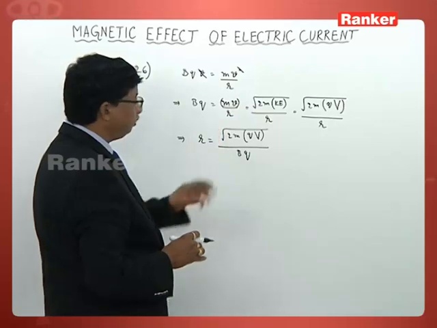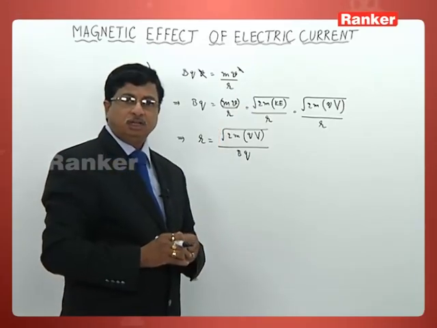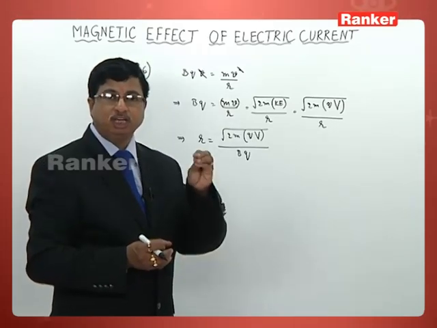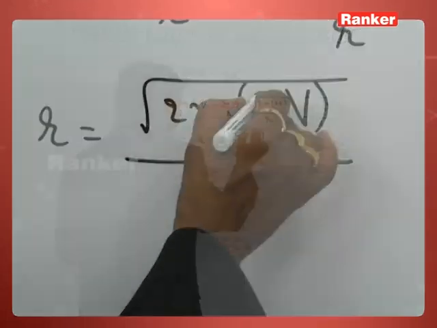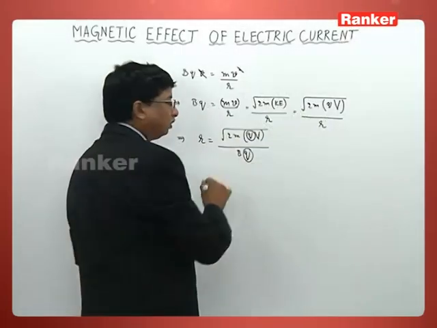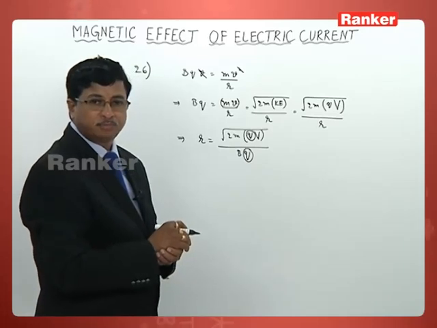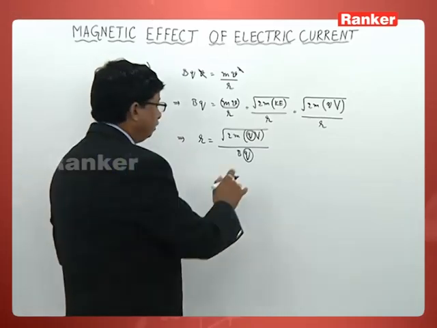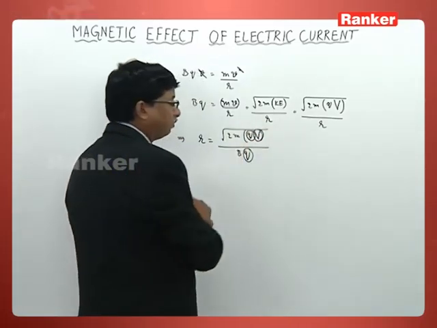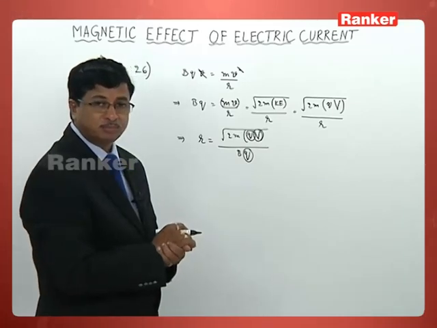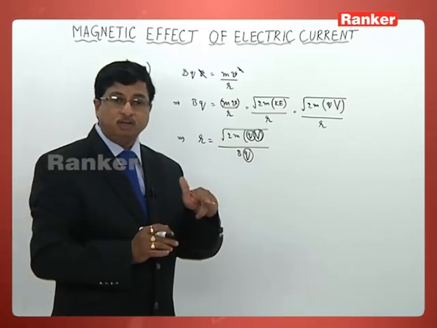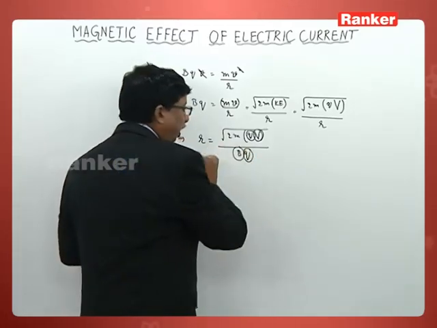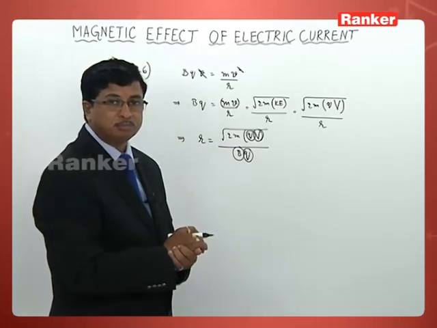So observe this equation carefully. While reading the question, you can understand both the particles have equal charge, so Q is constant for both of them. And being accelerated through the same potential difference, that means the potential difference must be constant for both of them. They enter a region of uniform magnetic field, that means the magnetic field into which they are entering also is going to be the same.